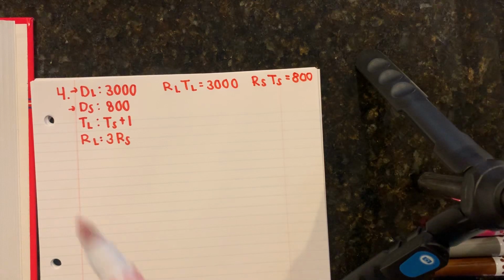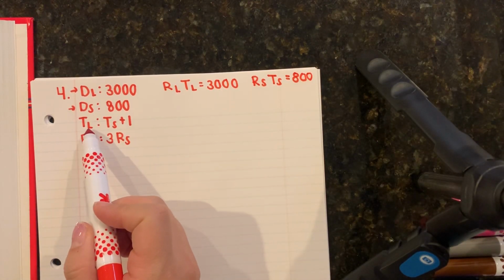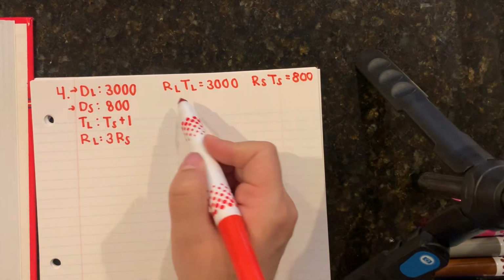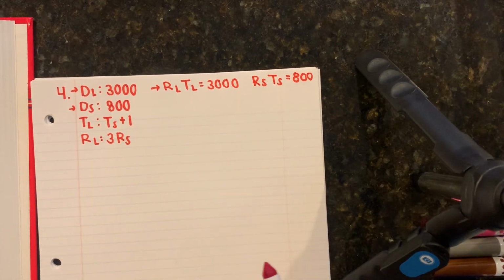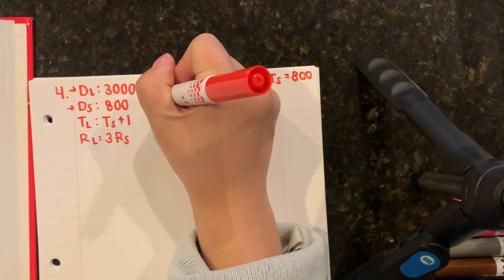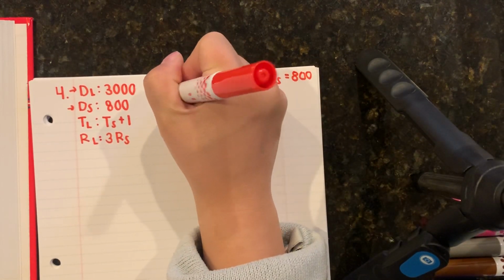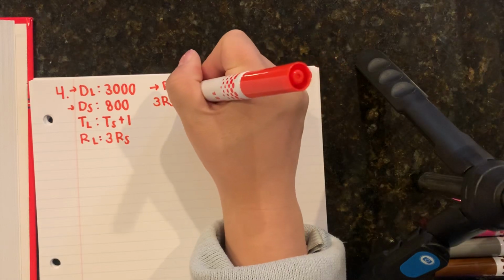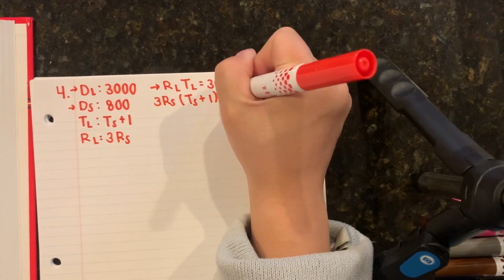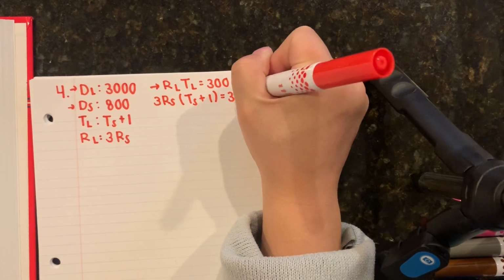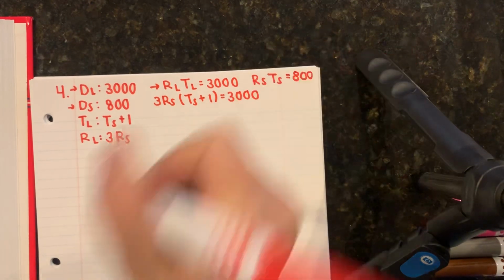Now what you need to recognize here is that we have an equation that's set equal to TL and RL, which is plugging into this equation right here. And that's exactly what we want. We want it to plug into the same equation. So if RL is equal to 3RS, TL is equal to TS plus 1, times 3RS is equal to 3,000.